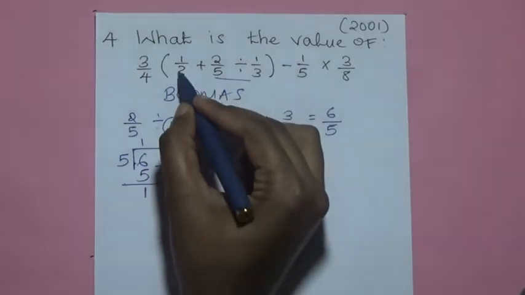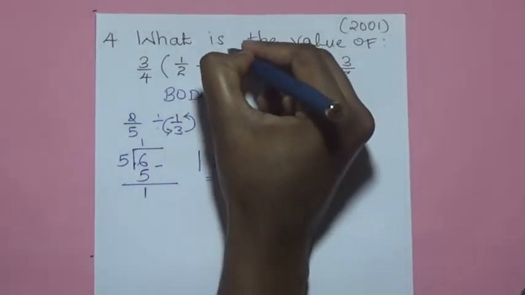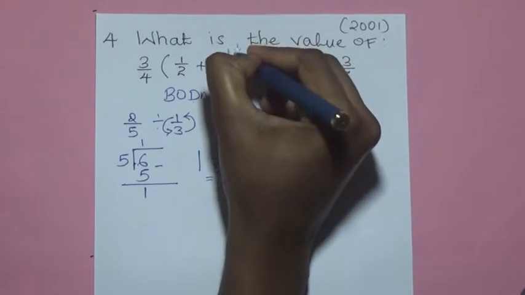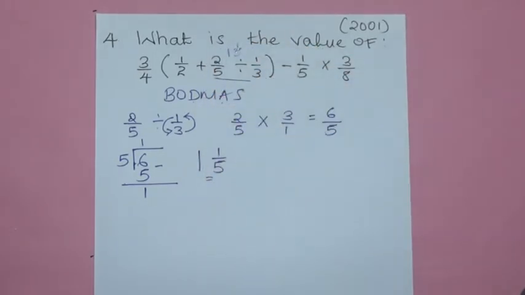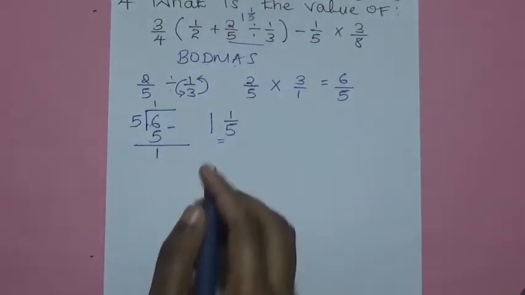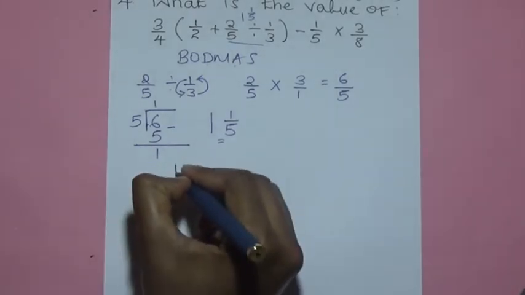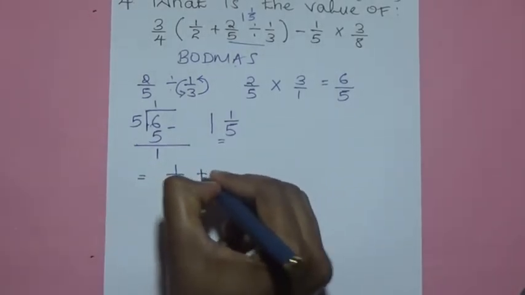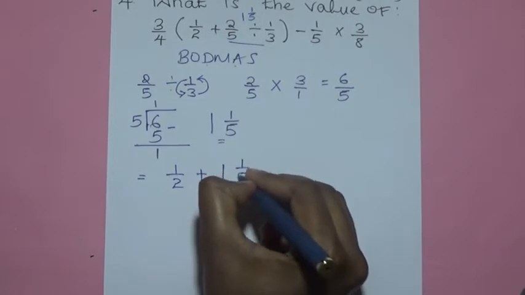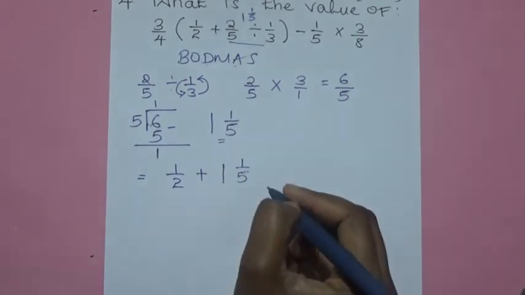Now we have a half plus, here you have seen the answer will be 1 and 1 over 5. So we take a half, we add to 1 and 1 over 5.